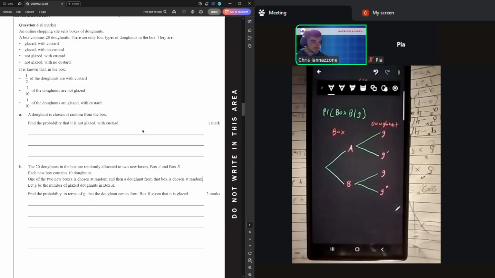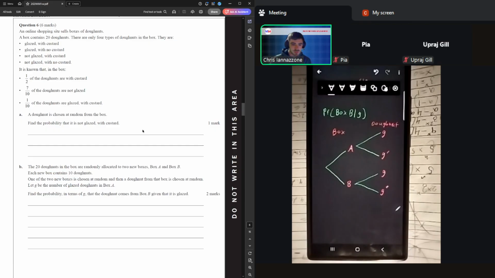Sweet. Okay, next stage of a tree diagram is to label the actual branches with their probabilities. So let's suss that out. Cool. So first thing we've got to do is consider probabilities of box A, box B, based on the information provided.